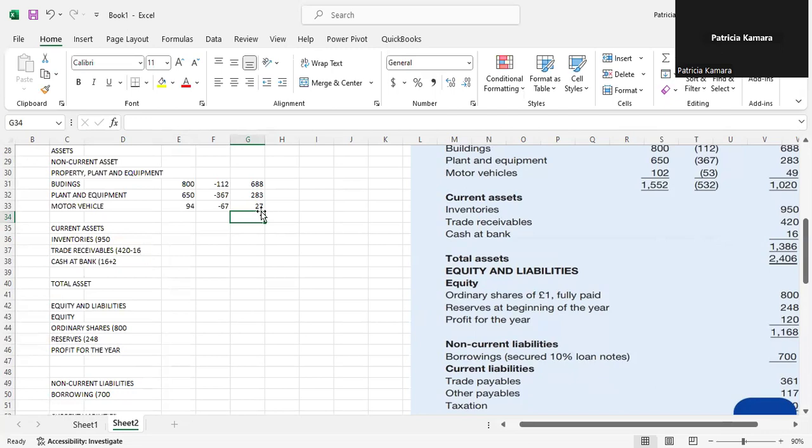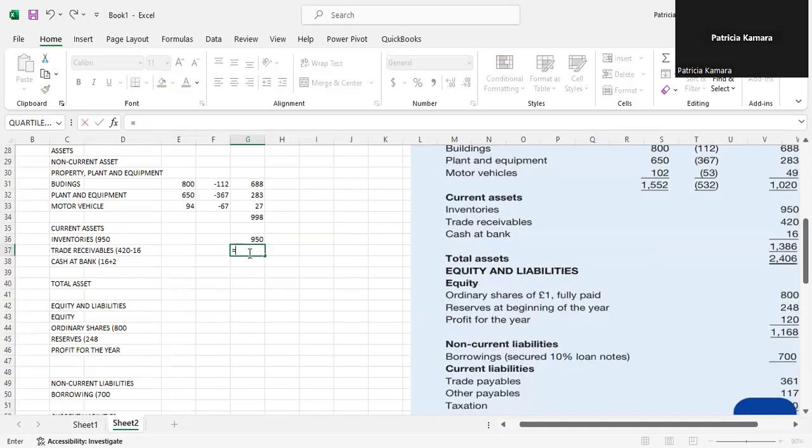So we are done. Now we have to calculate our total non-current assets. When we add the three, the building plus plant and equipment plus motor vehicle, this will give us 998. Inventory wasn't affected, so inventory will still be worth 95.